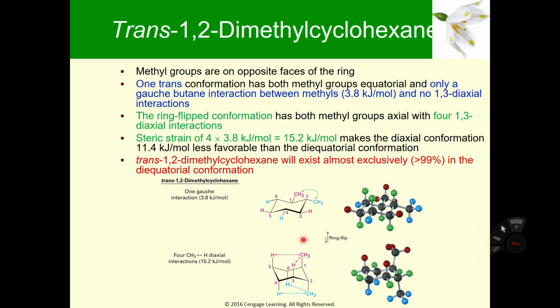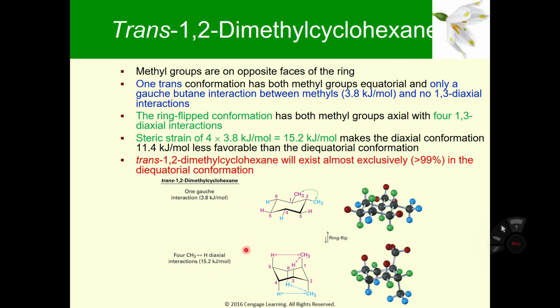Let's try to think about the energies. Here, there is no 1,3-diaxial interaction between H and CH3. There is only one gauche interaction. So the energy of this compound will be 3.8. However, in this case, you have two 1,3-diaxial interactions due to the red CH3, and another two 1,3-diaxial interactions due to the blue CH3. Therefore, the energy will be 3.8 multiplied by 4. That gives 15.2 kilojoules per mole.